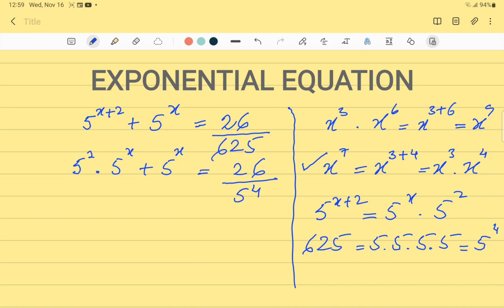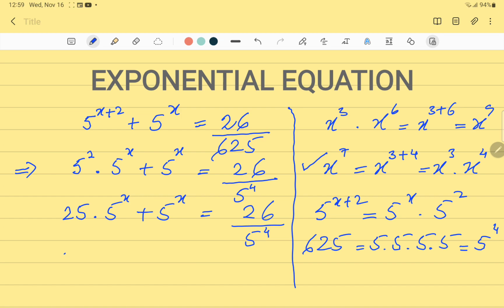Now 5 raised to the power 2 can be written as 25. If we take 5 raised to the power x as a variable, then we can take 5 raised to the power x as common.